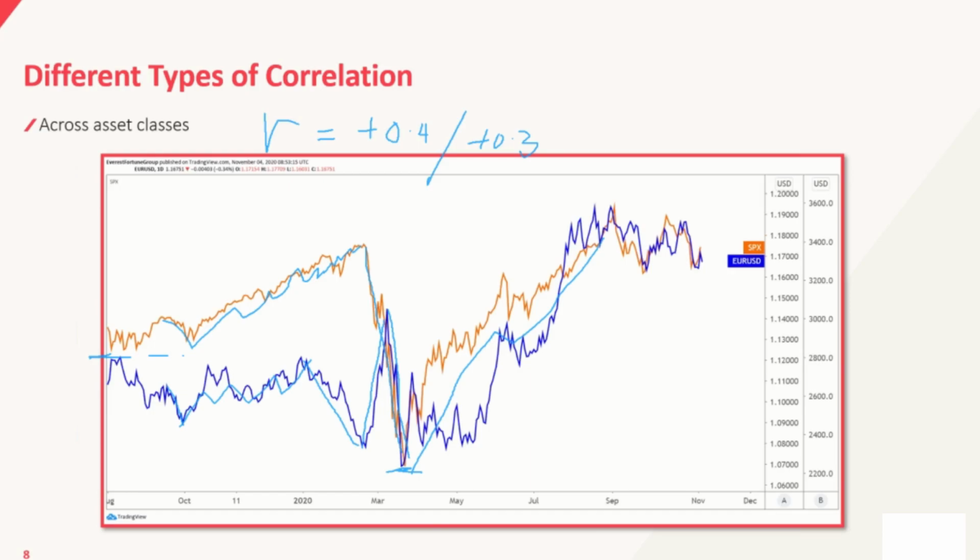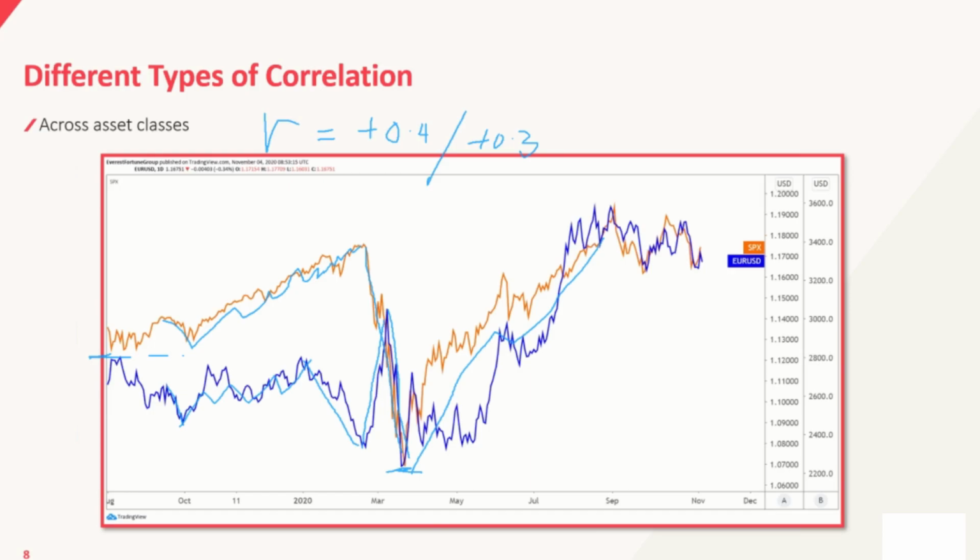So how do we identify whether instruments are positive or negatively correlated? Put them in the same time frame and then identify the highs and the lows and look for these key levels together. And then after that, you slowly trace to see whether they are positively or negatively correlated.